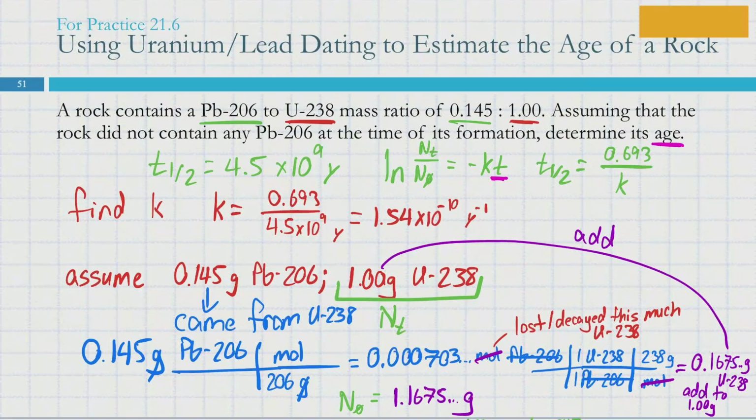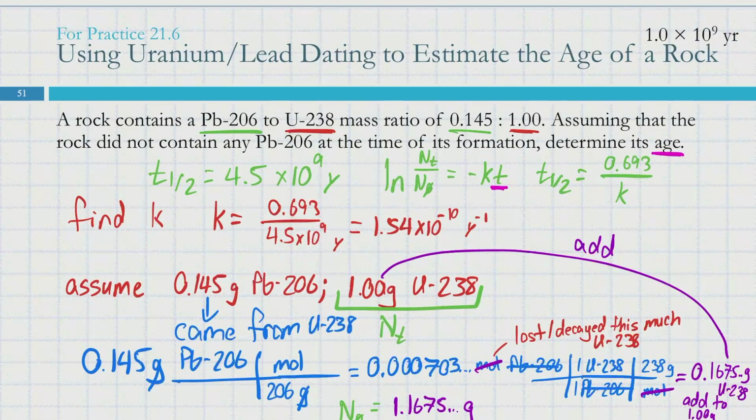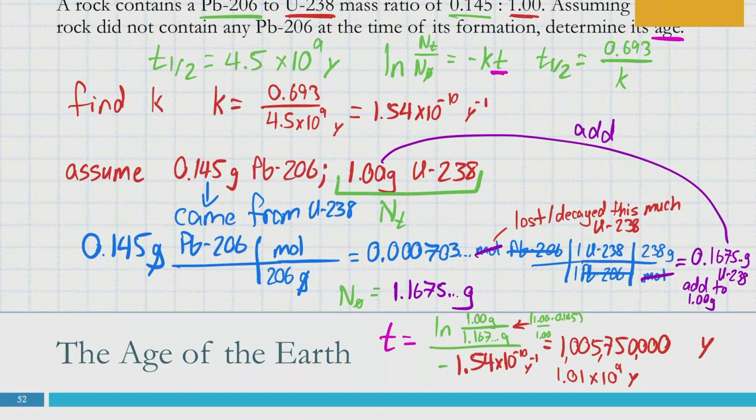Like the answer being 1.0 times 10 to the 9 years. The actual number that you get out is 1.02 times 10 to the 9 after rounding. It's like a different number. It's very close because we haven't changed our ratio too terribly much. It's 0.145 to 1. If that 0.145 were bigger, then that would probably make a bigger difference.